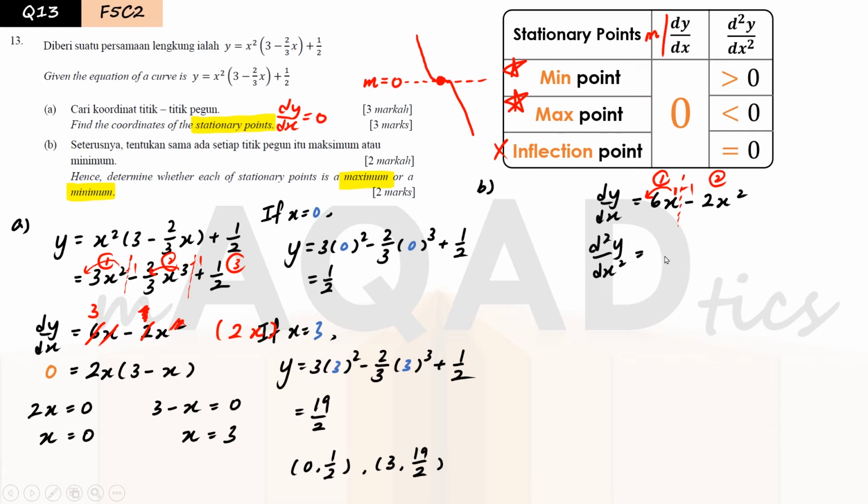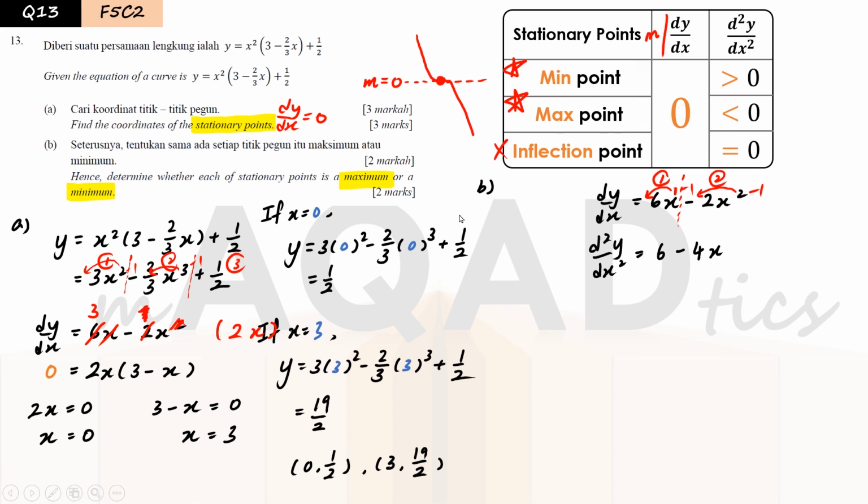So it will just have 6. Okay, and using the same technique here also, so the power I'm going to copy to the front, so 2 times 2 will be 4, and the power I'm going to minus 1. So here will be just x only. Okay, so now we have the second order differentiated equation.